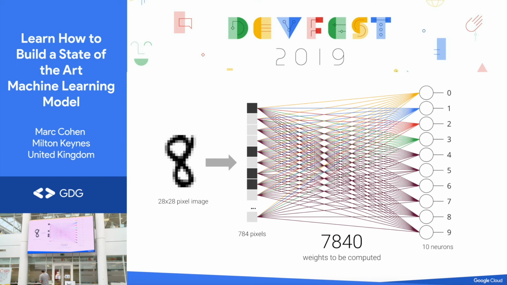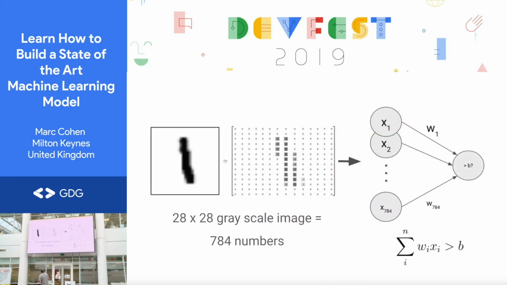Now, if I said to you, here's a black box, and what's inside it is all these connections, but it's got 7,840 dials on it, and you have to set those dials so that this thing takes these inputs and gives me good answers on the output side. Two things would probably occur to you.